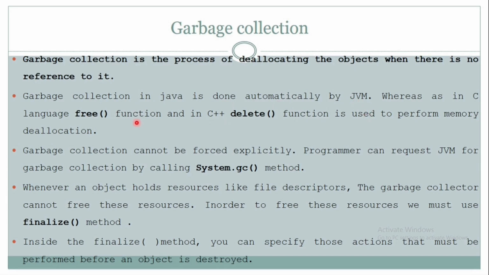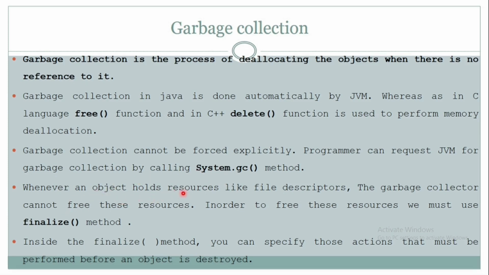However, the programmer can request the Java virtual machine for garbage collection by calling the system.gc method. But the programmer cannot force the Java virtual machine to perform garbage collection. The programmer can just request it by calling the system.gc method.